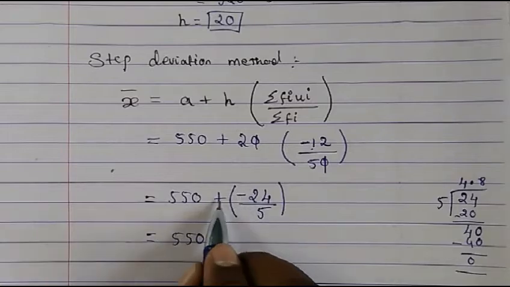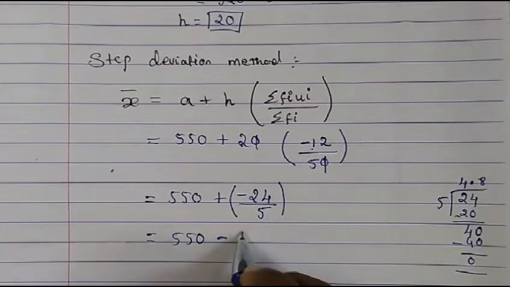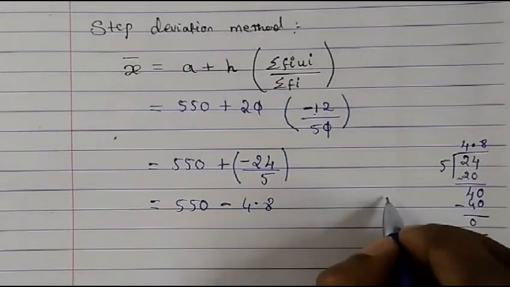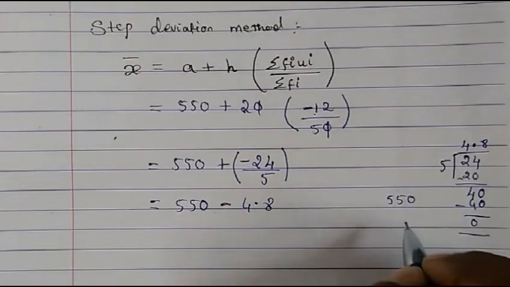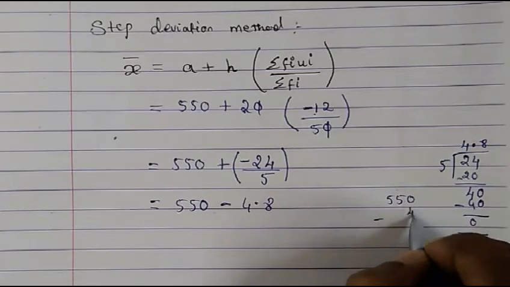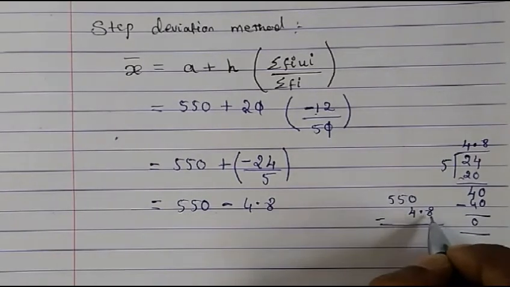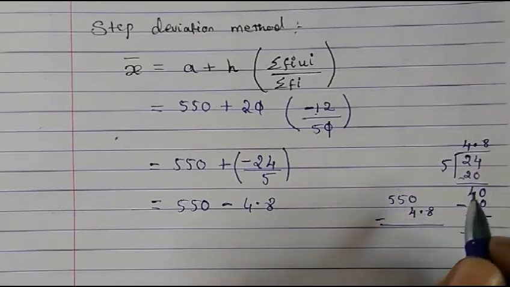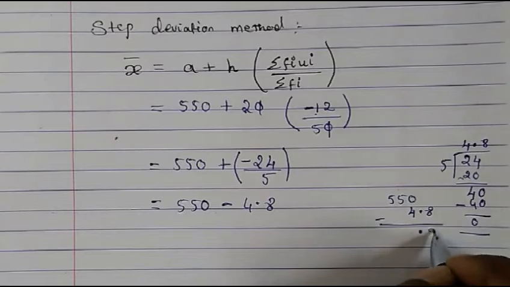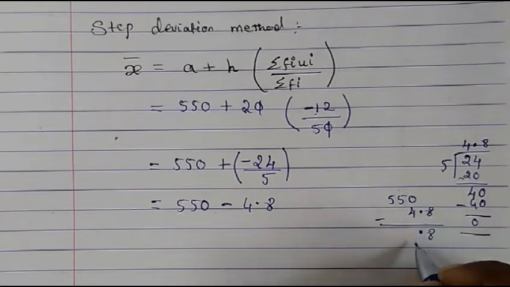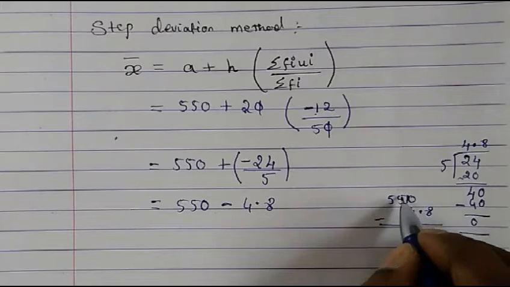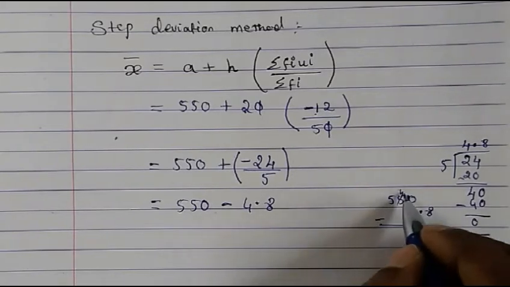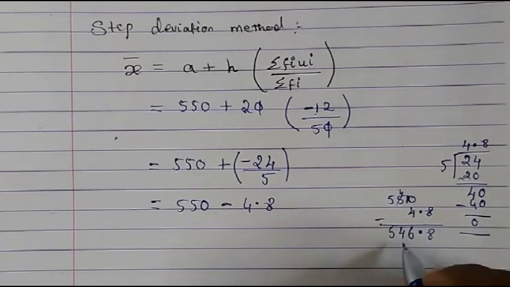So here minus is there, plus into minus, then 4.8. So 550 minus 4.8. See, the decimal is here, there is no decimal in 550, so you have to write the decimal outside of it. So now 8, here 0 minus 4 will not come, so we borrow from here, this will become 4. So 10 minus 4 will give us 6, then this will be 4 and 5.